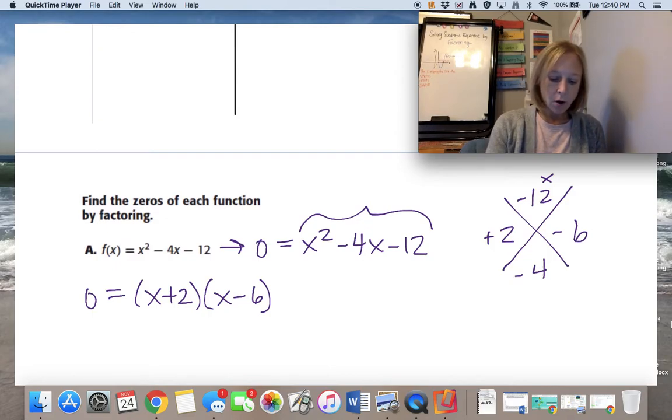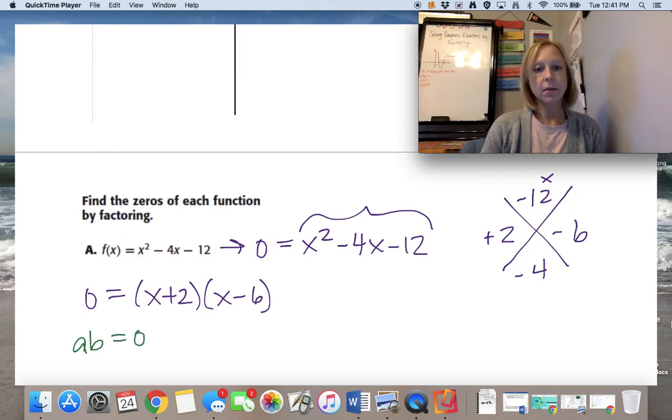And we know, as the amazing algebra students we are, if you have an equation where the only operation between the two terms is multiplication and the product is 0, one of these two has to be 0. It could be A is 0, B is 0. We don't know. Either one could work.